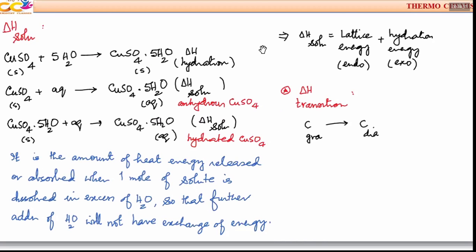No one prefers to have this reaction, right? Science says that if you are doing this, for example you have taken sulfur rhombic and you are converting it to sulfur monoclinic. The amount of energy released or absorbed when 1 mole of one allotropic form is converted to the other allotropic form is known as enthalpy of transition. Write that down.